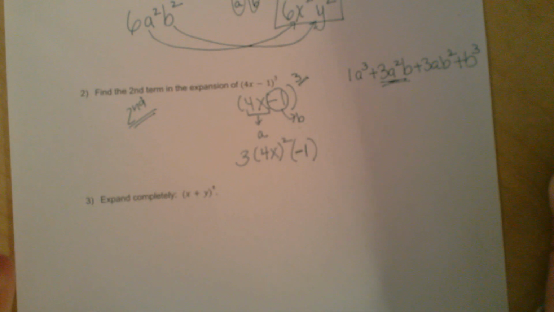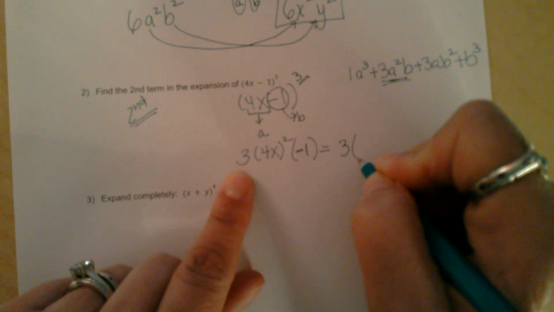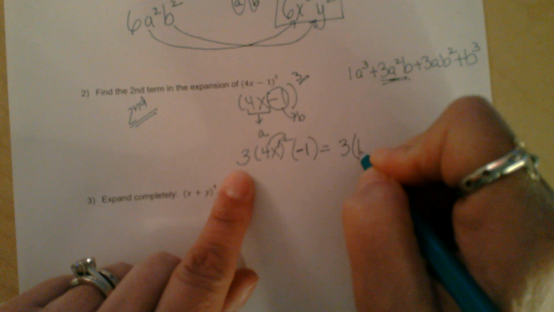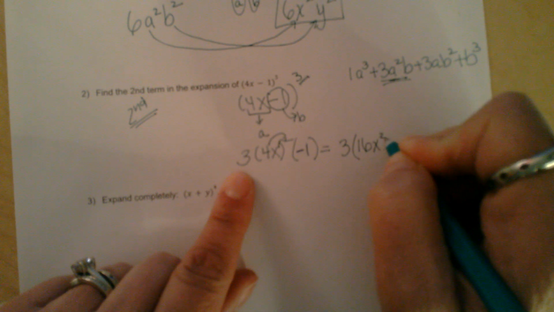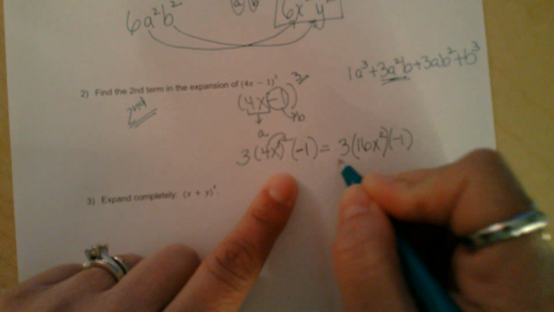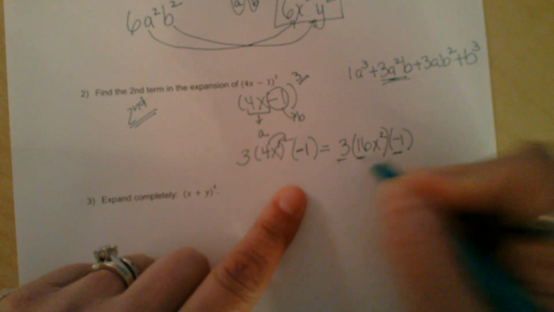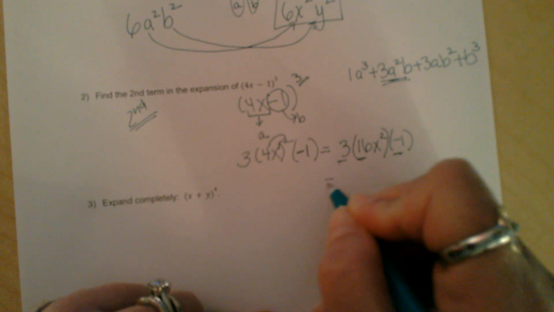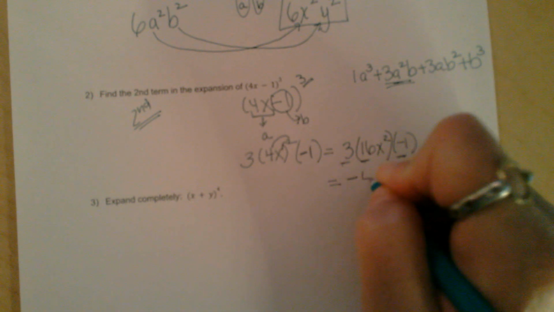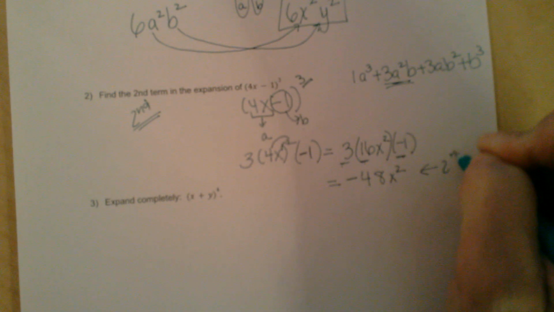So this is going to equal 3 times the 4 squared and the x squared. So this is really 16x squared, and we still need to multiply it times -1. We got rid of the square. We can multiply 3 times 16 times -1, and we are going to get -48x squared. And so that is going to be our second term.